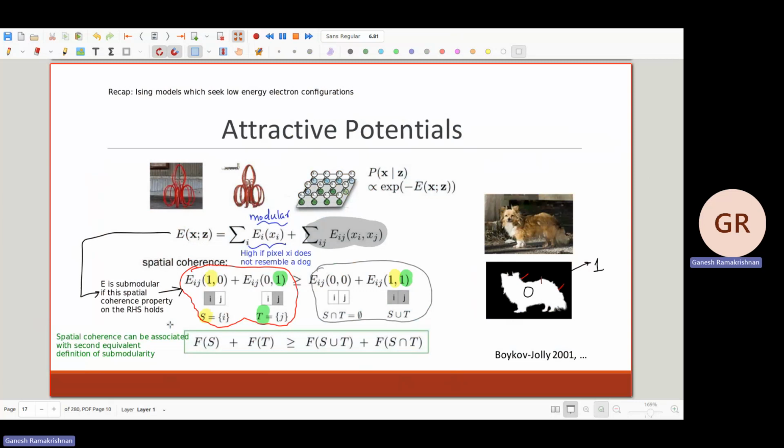So it turns out that you can prove the submodularity in this case using the second definition, much easier.